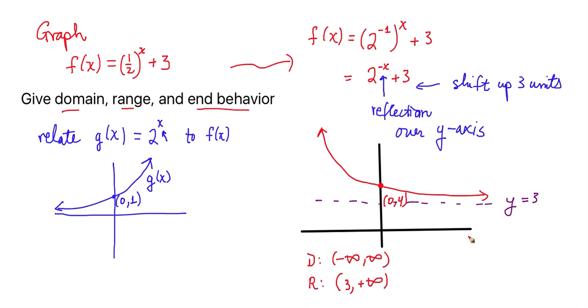And the end behavior, well, the limit of f of x as x gets very, very large will be 3. And the limit as x approaches negative infinity, as x gets large but in the negative direction, will go towards infinity.